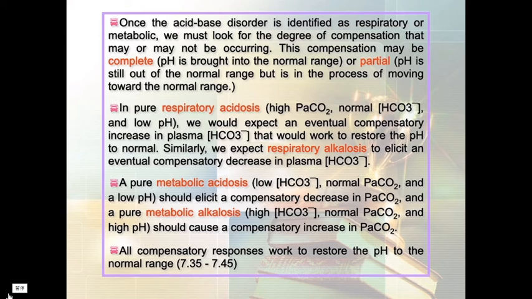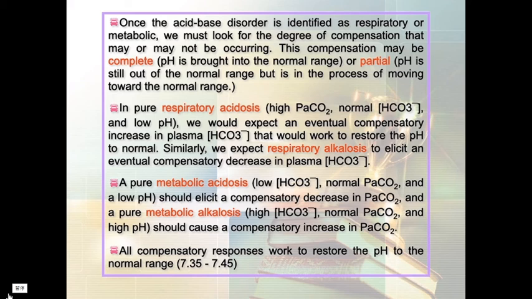In pure respiratory acidosis with very high partial pressure of carbon dioxide, normal bicarbonate ion, and low pH, we would expect an eventual compensatory increase in plasma bicarbonate ion that would work to restore the pH to normal. Similarly, we expect respiratory alkalosis to elicit an eventual compensatory decrease in plasma bicarbonate ion.